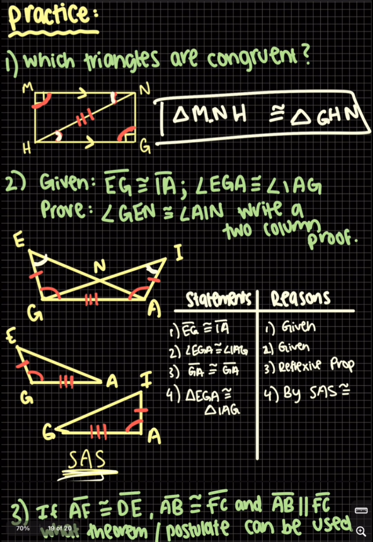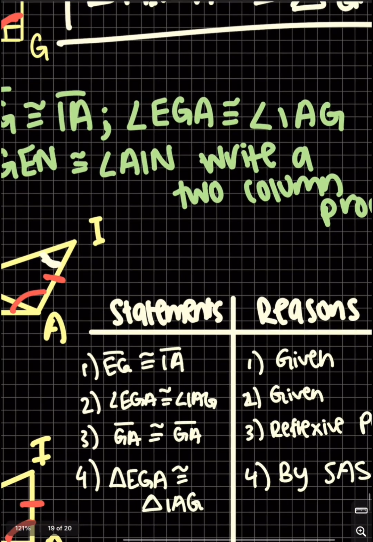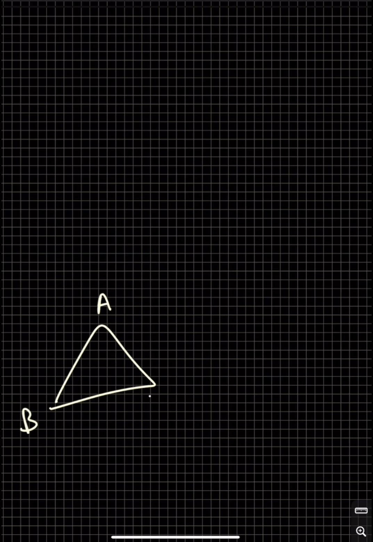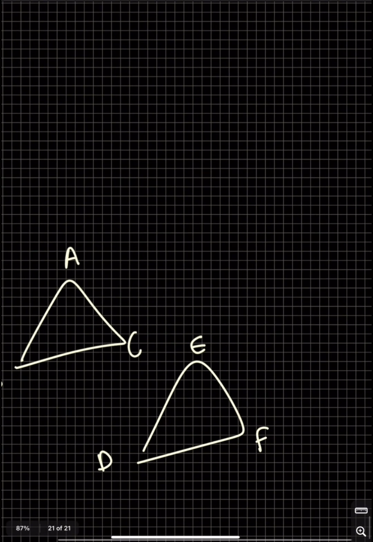Now, one thing I didn't go over before, but that you need to know, is the concept of CPCTC, or in other words, congruent parts of congruent triangles are congruent. Say, for example, you had triangle ABC and triangle DEF, and what's given is that triangle ABC is congruent to triangle DEF.